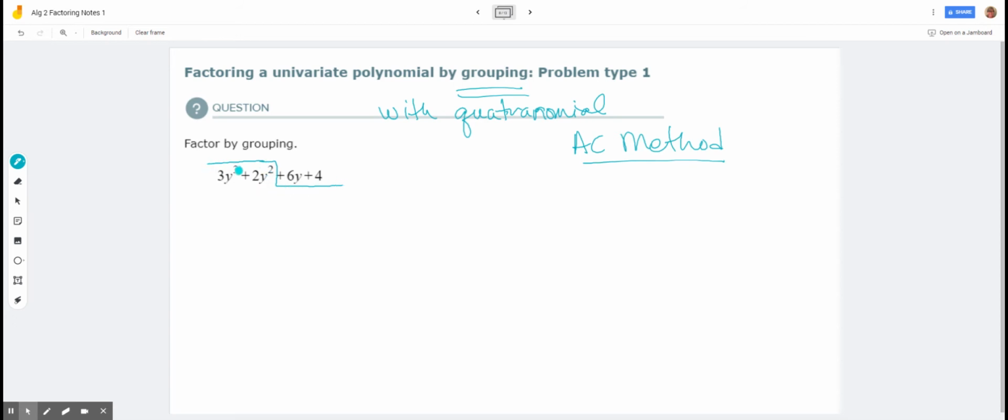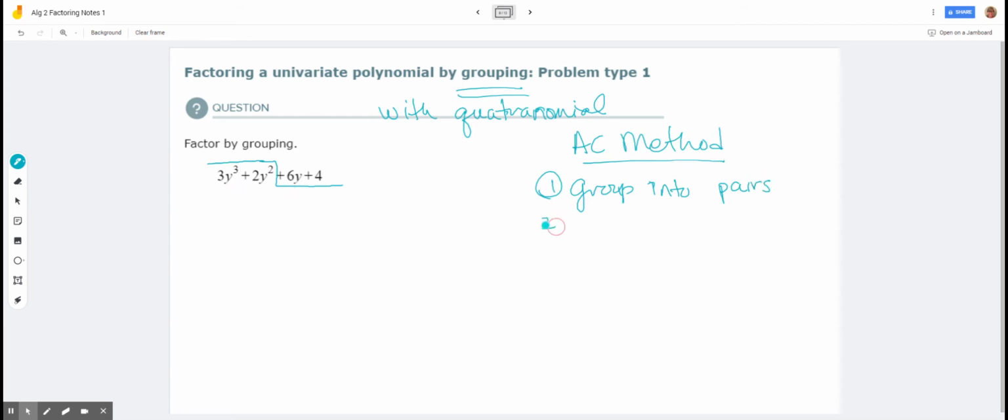Factor by grouping means you group 2 together and 2 together. So step 1 is to basically group into pairs. I hope that makes sense.